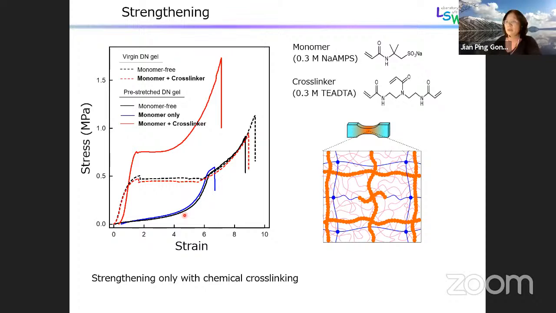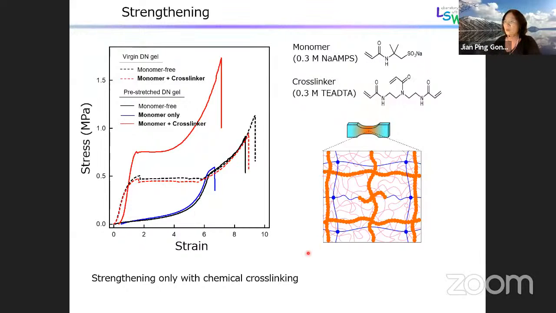However, if we put in the monomer and the crosslinker, we get a tremendous change in the mechanical property as shown here. So this means that a new network is formed in these systems, and this new network will strengthen the gels.